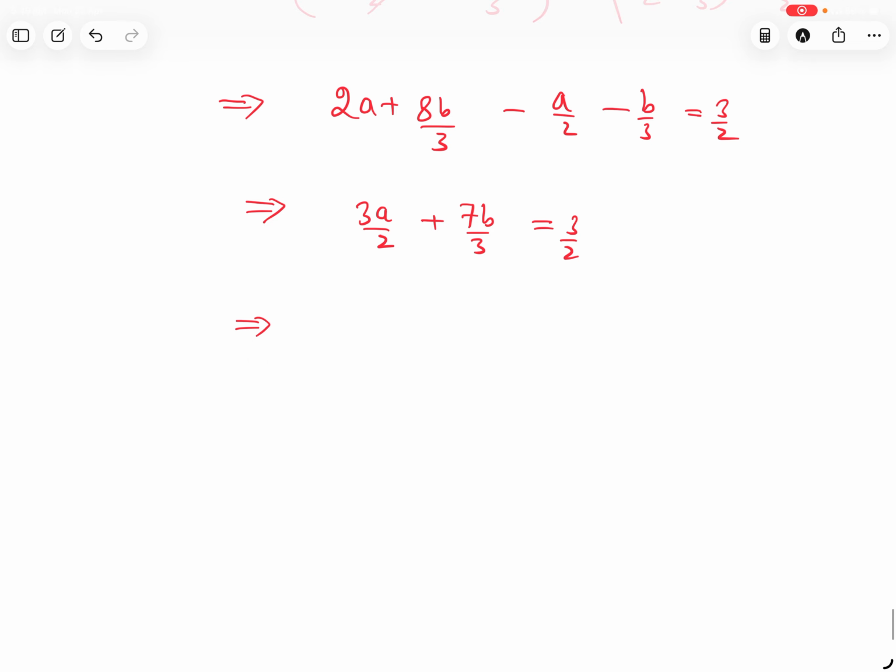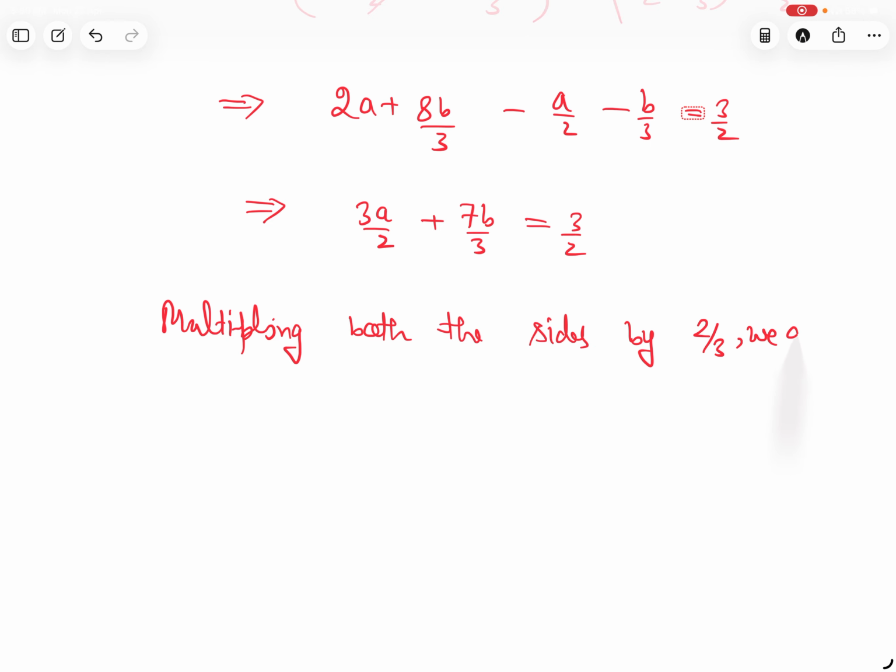So we can multiply both the sides by 2 by 3.